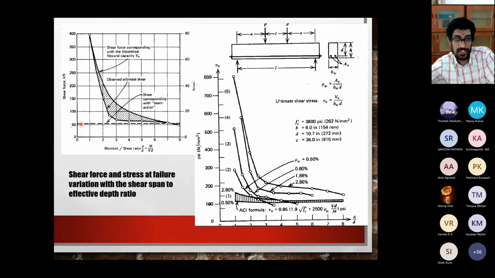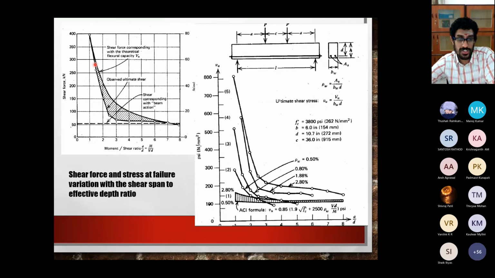And with a much shorter shear span to depth ratio, that corresponds to a case where moments are insignificant and shear forces are larger. Okay, so that is what this is showing in general.